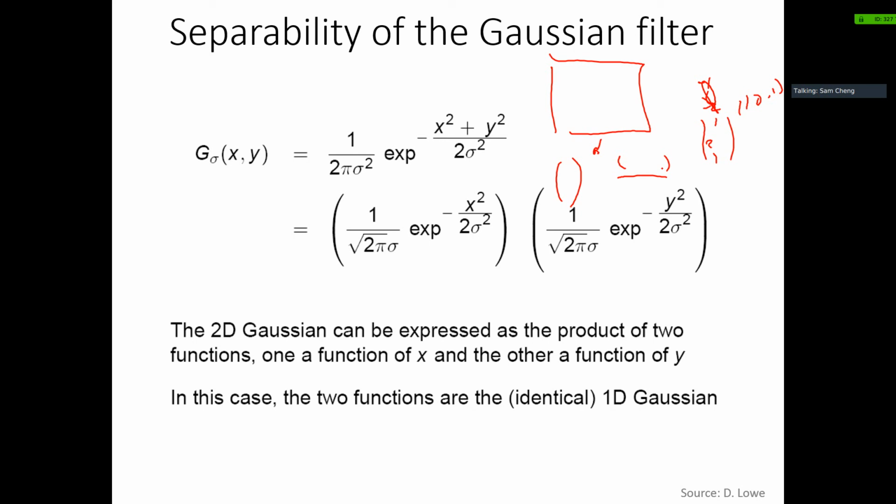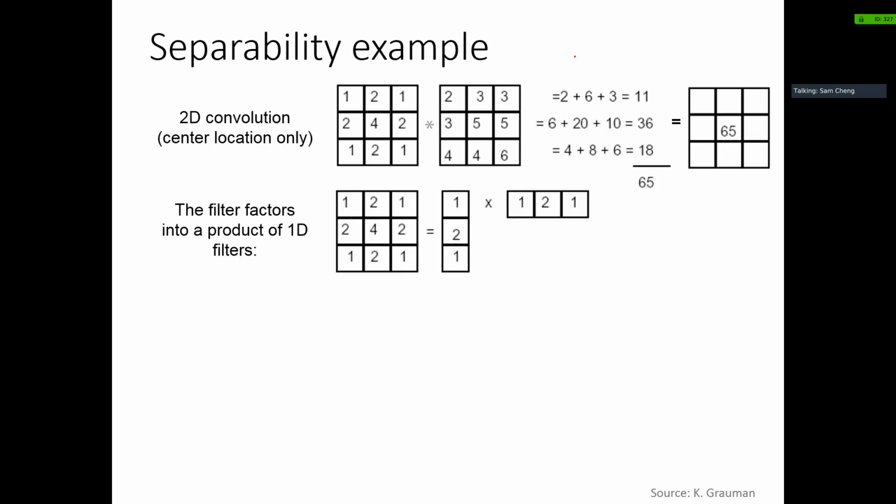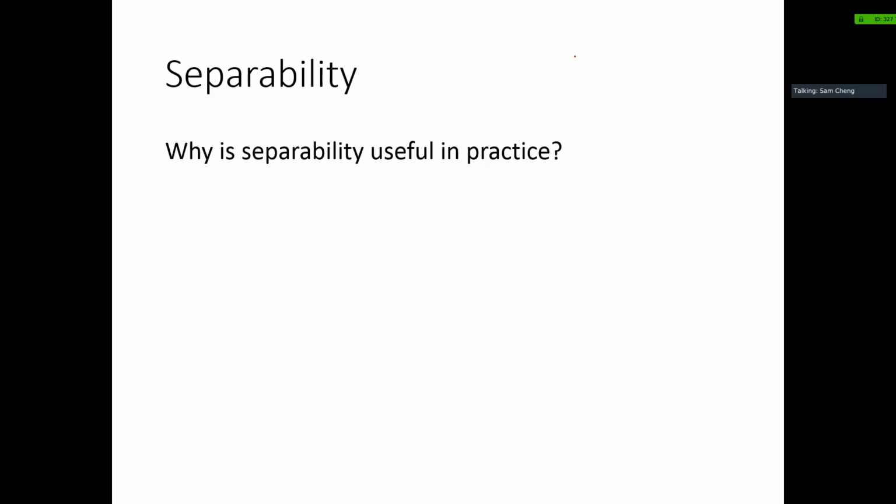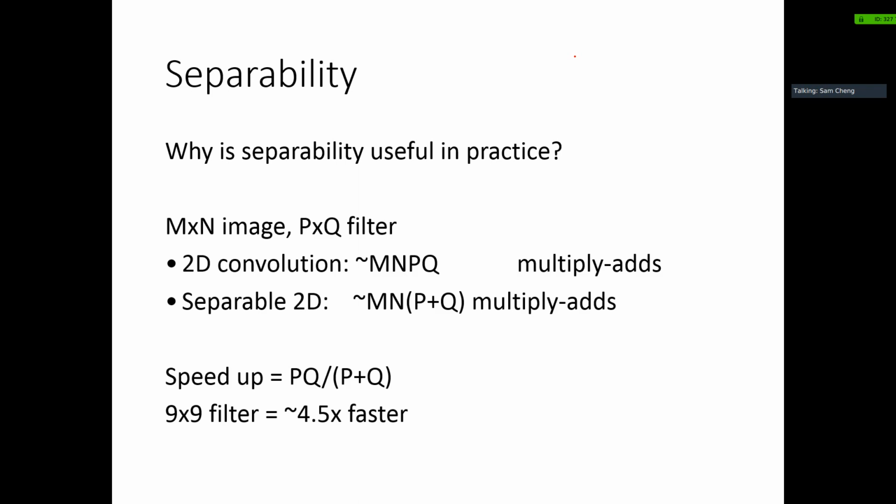It gives you linear in n instead of n squared, if the kernel size is n. Of course, it's not that important if your n is not big, maybe 3 by 3, but you can still gain something. It's just an example of separable.